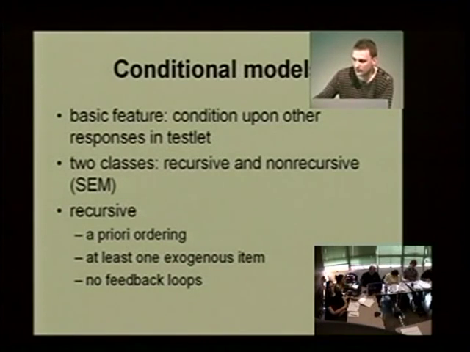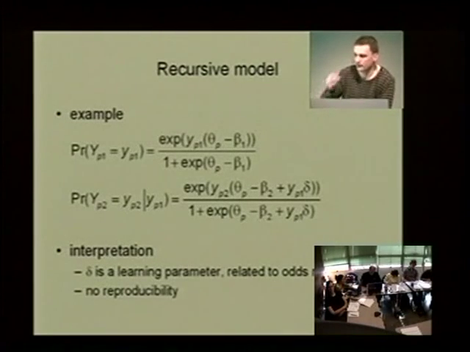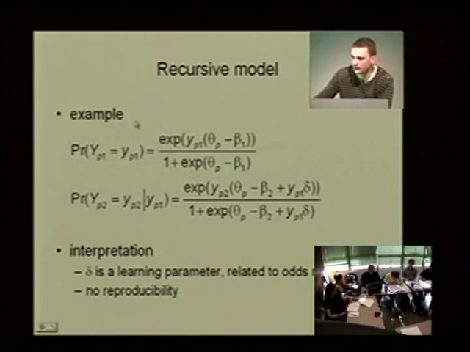I will explain that later. So here is an example of a recursive model for the case of only 2 items. I assume that the ordering is first item 1 and then item 2. So for item 1, the probability formula is actually a Rasch model.